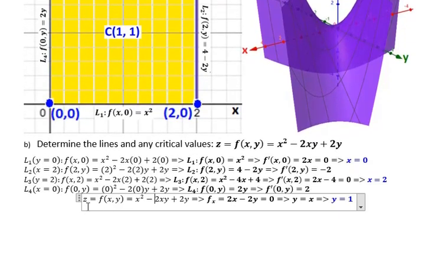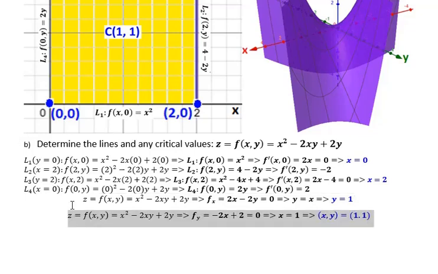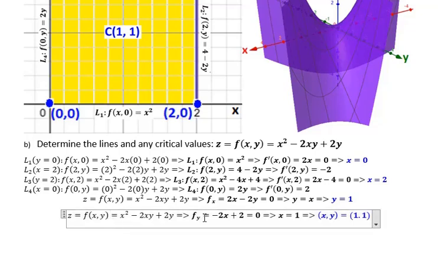Now let's find the partial derivatives of z equals x squared minus 2xy plus 2y. The partial derivative with respect to x is 2x minus 2y, since the derivative of x squared is 2x and y is just a constant. Set that equal to 0, which means y equals x. Also find the partial derivative with respect to y.